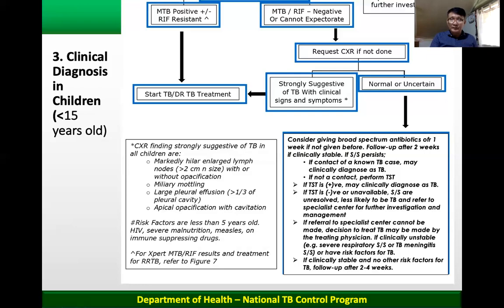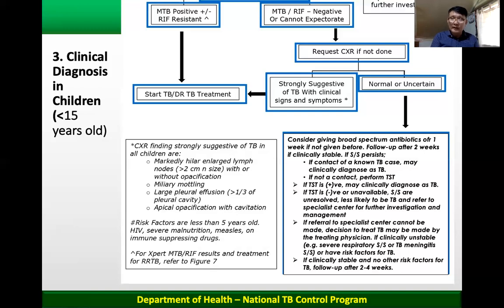Now, if referral to a specialist center cannot be made, there are also problems such as this. So the decision to treat TB may be made by the treating physician if clinically unstable, for example, severe respiratory signs and symptoms or TB meningitis, or if the child has risk factors for TB. If clinically stable and no other risk factors for TB, follow up after 2 to 4 weeks.